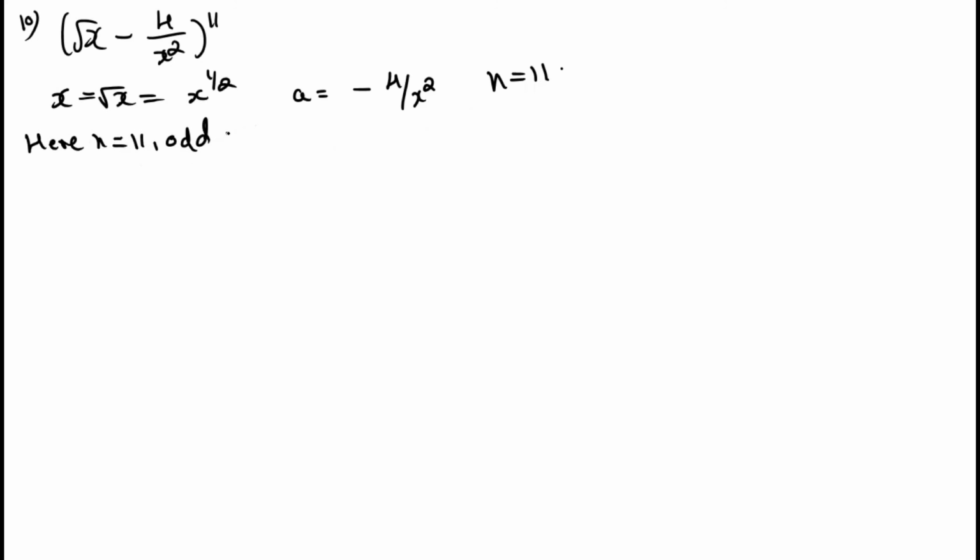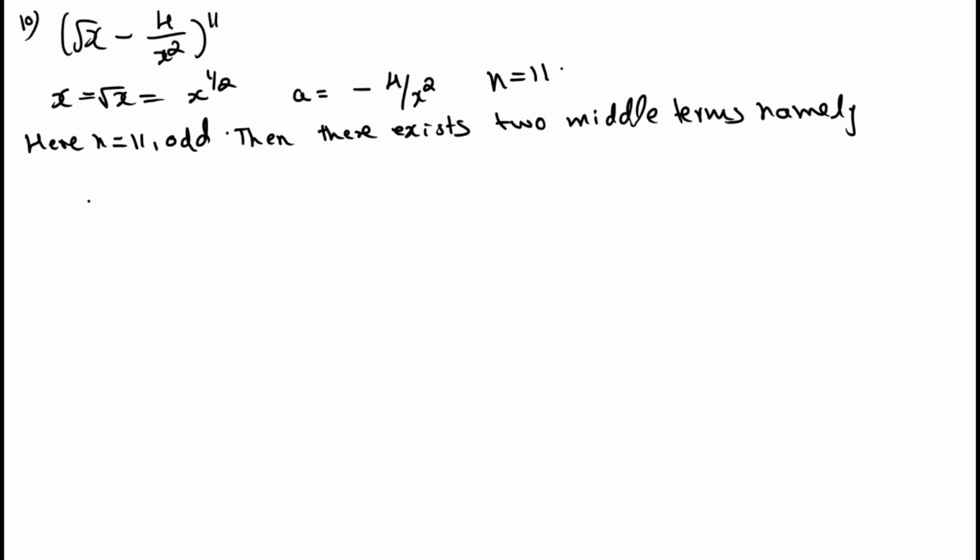Index is odd, then there exist two middle terms, namely n plus 1 by 2th term, same formula, and n plus 3 divided by 2th term.